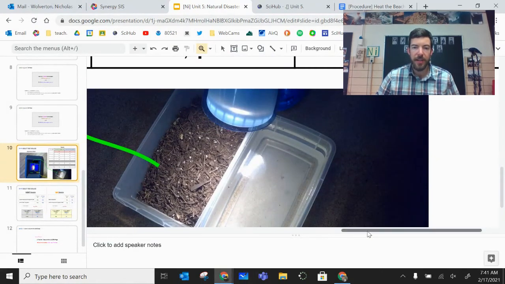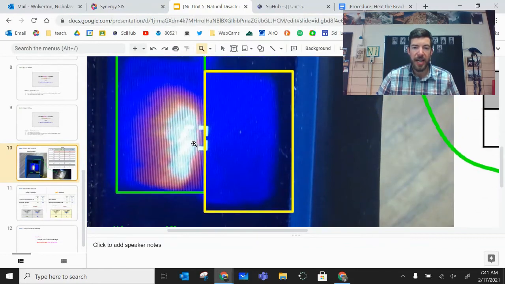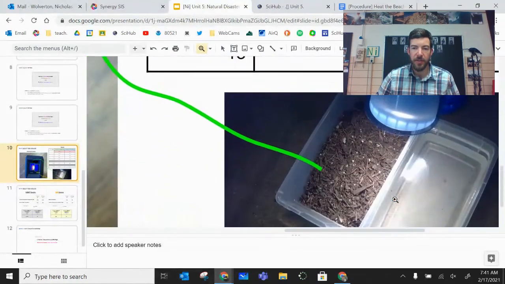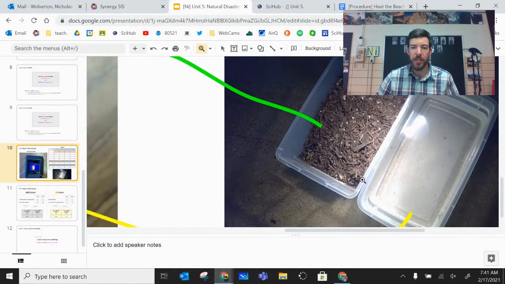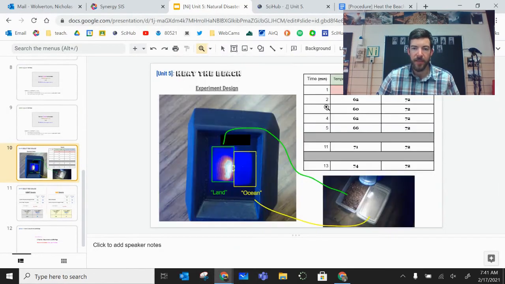But if we look at the infrared signature of these, you can see that the land is getting much hotter than the ocean is. So if we look at those surfaces even, the dark surface is going to absorb more heat than this clear surface, which is the water. And this might even reflect some heat actually. But when we look at the data, it tells us the same exact thing.